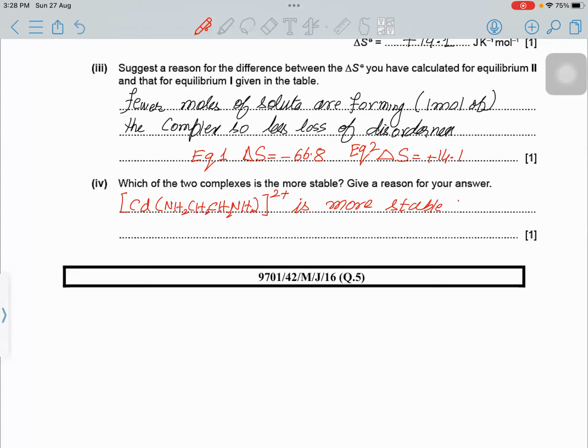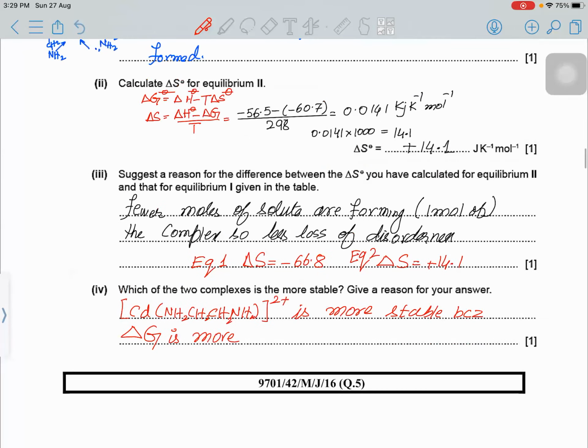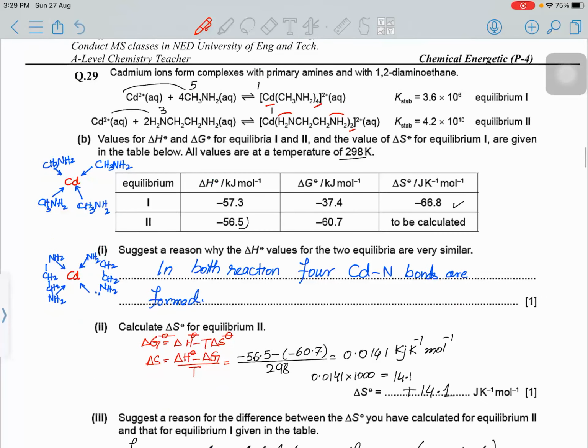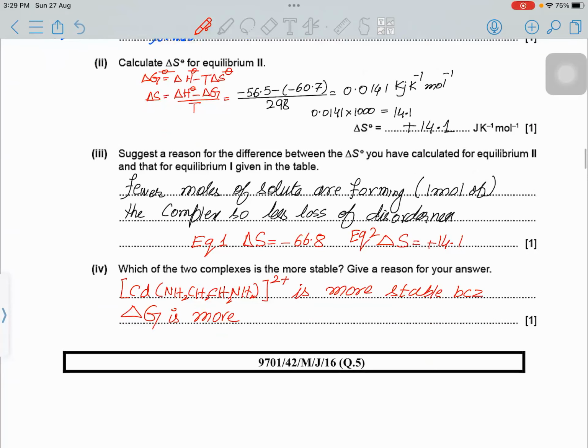It is most stable because delta G is more negative, more exothermic.